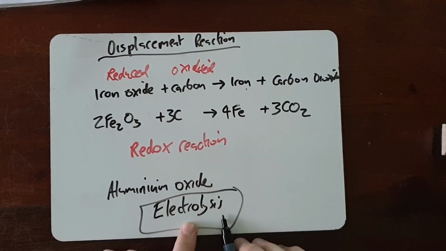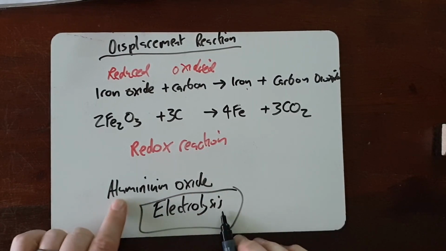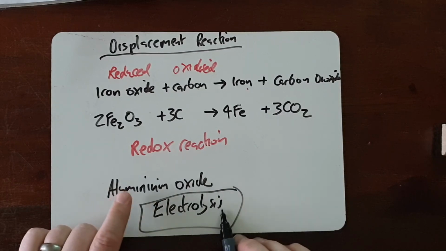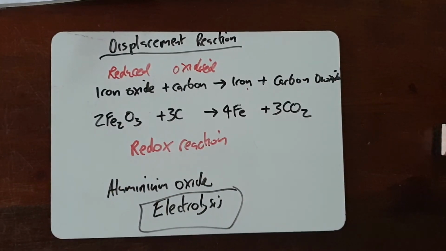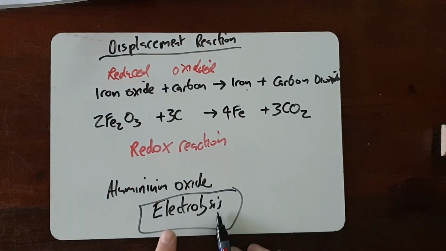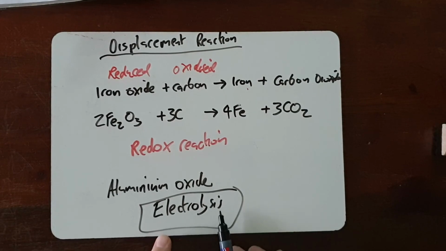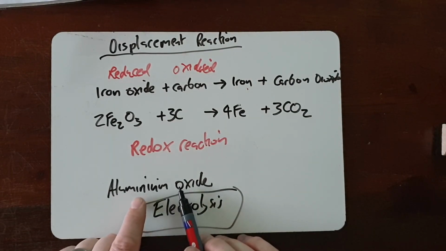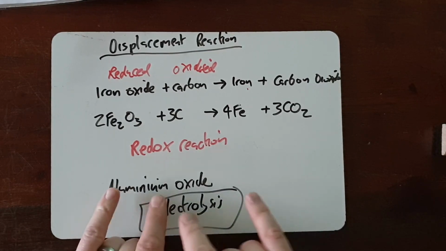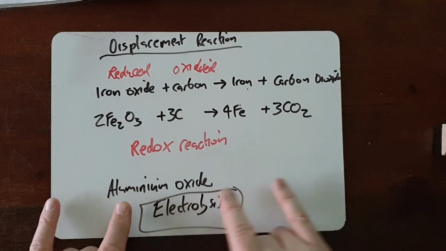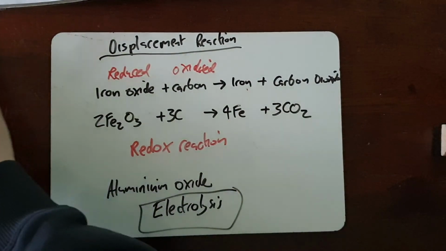So it's more expensive because you have to heat it up so the aluminium oxide is molten, and then you have to use a whole load of electricity, which obviously also costs money, huge energy bills, and then it splits up the aluminium and the oxygen. Because remember, electrolysis is decomposition of an electrolyte. So when we melt this aluminium oxide, it becomes molten, which means it's an electrolyte, and then with electrolysis, we are decomposing it, breaking it down into aluminium and oxygen.